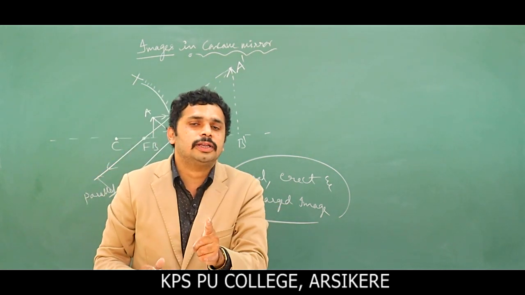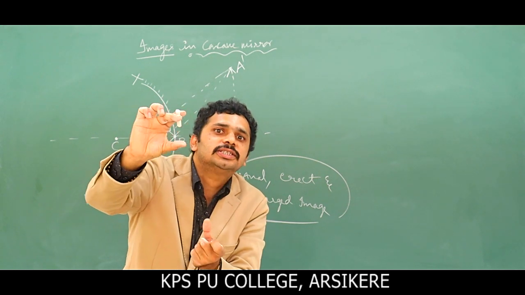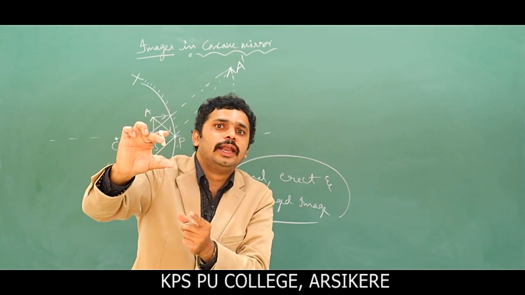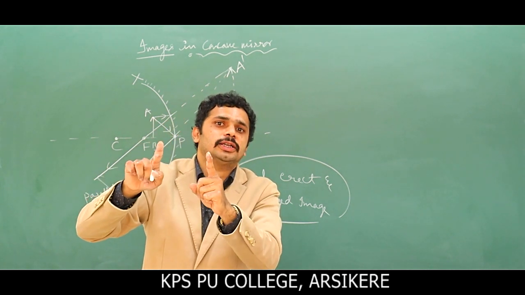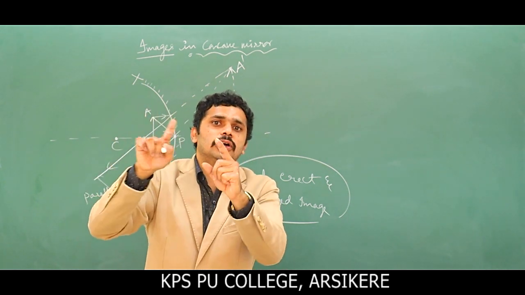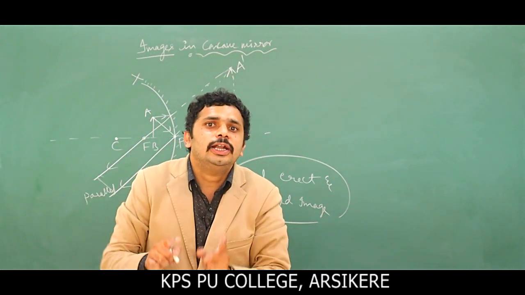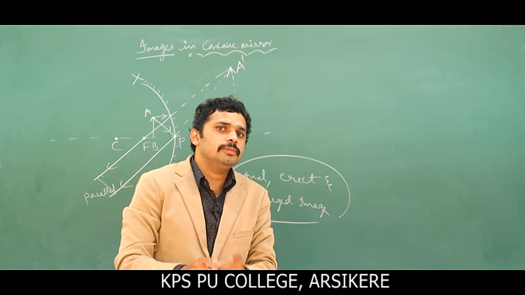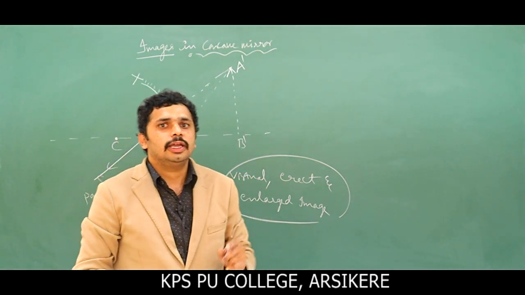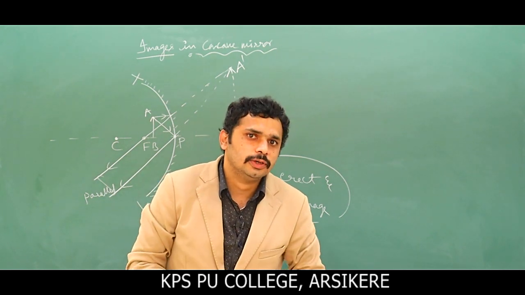But in a convex mirror, the image is always virtual, erect and diminished. We are using convex mirrors in vehicles because, to see the complete field of view, you have to use a convex mirror. Therefore, in shaving mirrors we use concave mirrors, and in vehicles we use convex mirrors. Thank you, dear students.